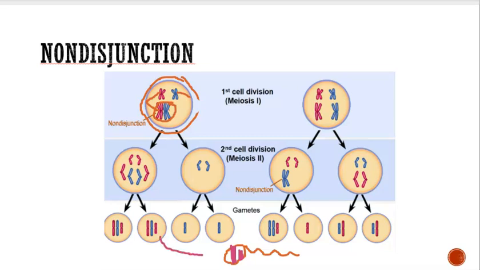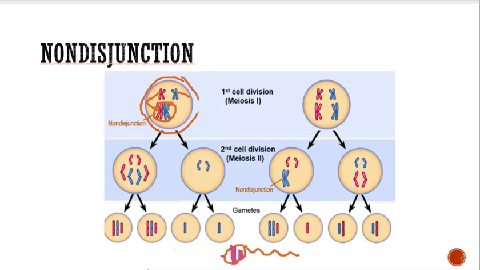If this egg was fertilized by this sperm, then we would have 3 copies of the large chromosome. There's 1, 2 there, and then it would get the third one from the sperm. And then it would have 1 copy of the small chromosome and 1 copy of the small chromosome from the sperm. So now we see 3 copies of the large. This is where we could have 3 copies of chromosome 21, because one of the gametes carried an extra copy.